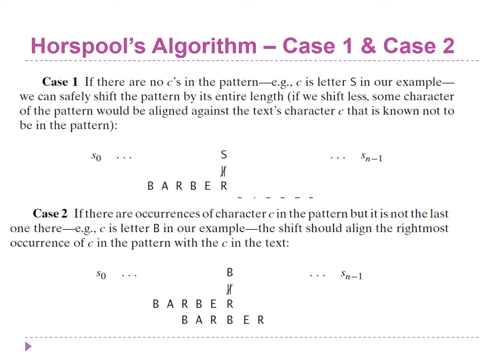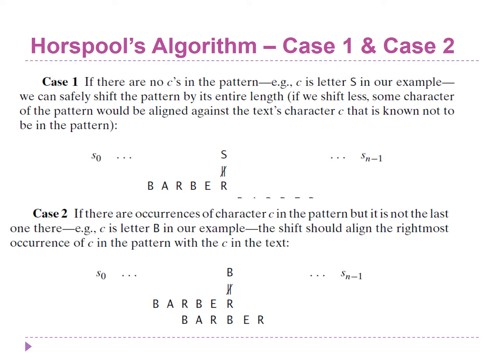Case 2. If there are occurrences of character C in the pattern but it is not the last character there, then the shift should align the rightmost occurrence of C in the pattern with the C in the text.